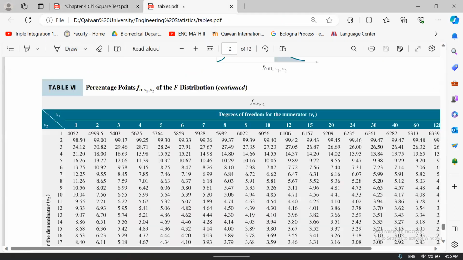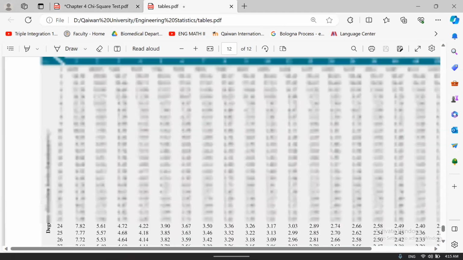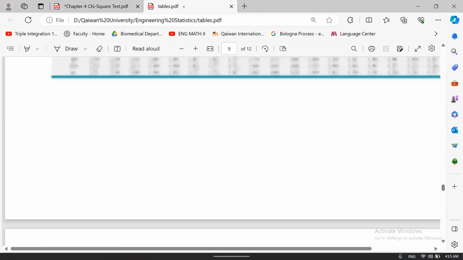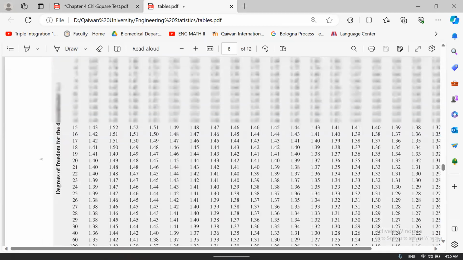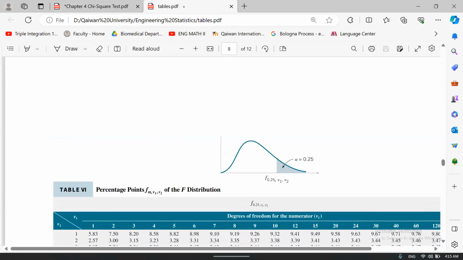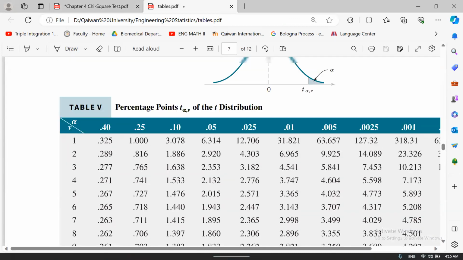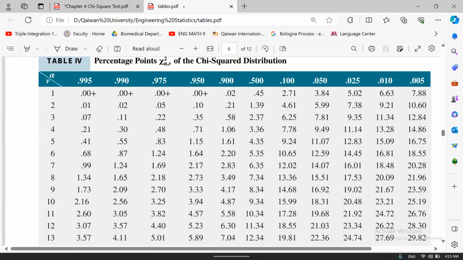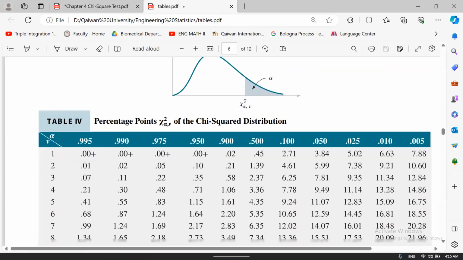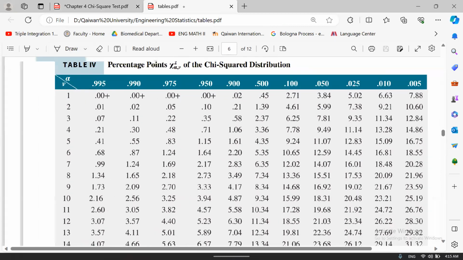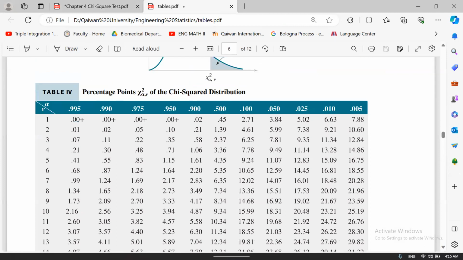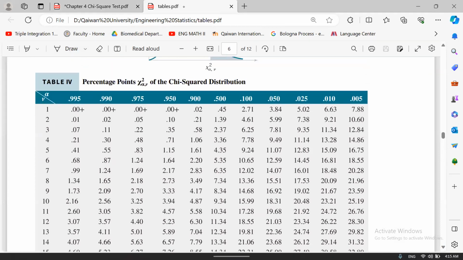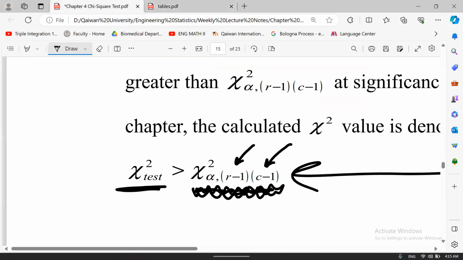If you look at the chi-square test table, this is the t-test, this is the chi-square test. So it's okay. You can write down any of them first. I just wanted to check that.